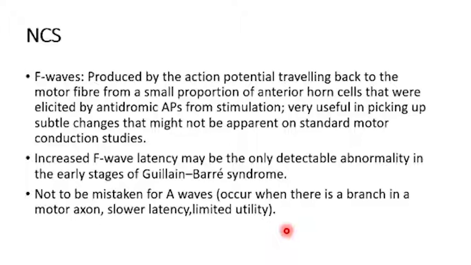Now we talked about F waves. F waves are produced when you have an action potential which travels to the motor fiber. It just stimulates, not the interneuron. That slows it, and that is where we have different latencies at the interneuron level.